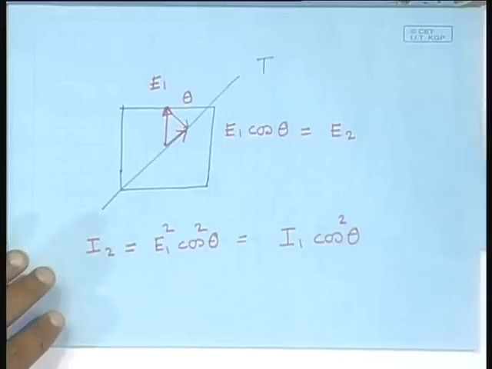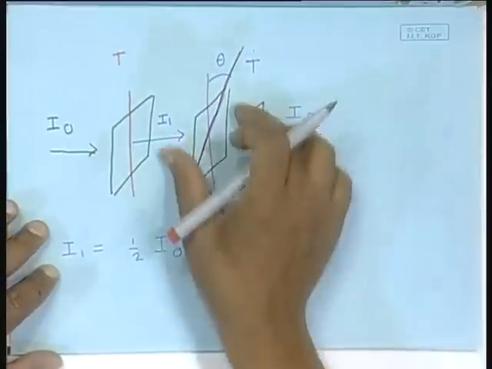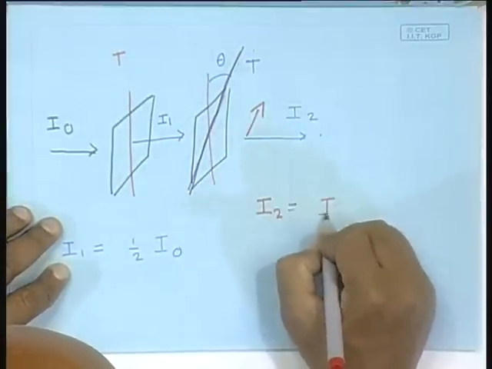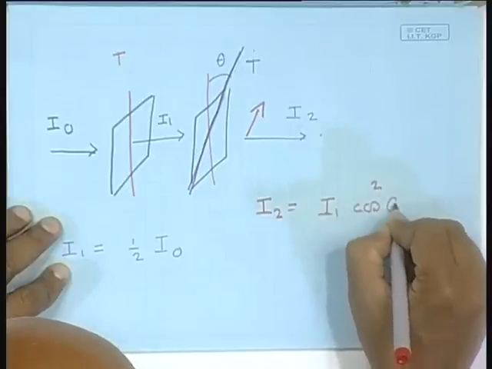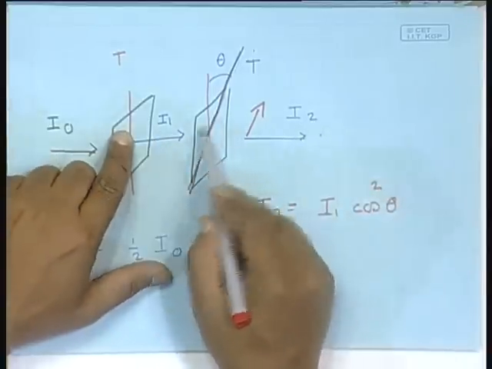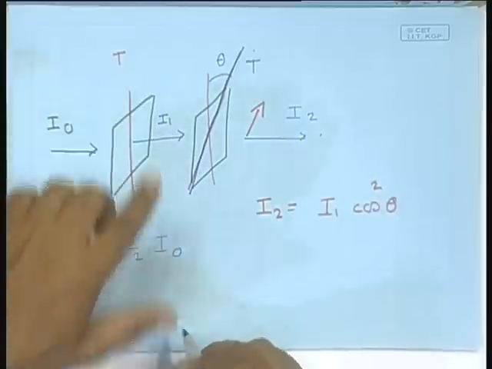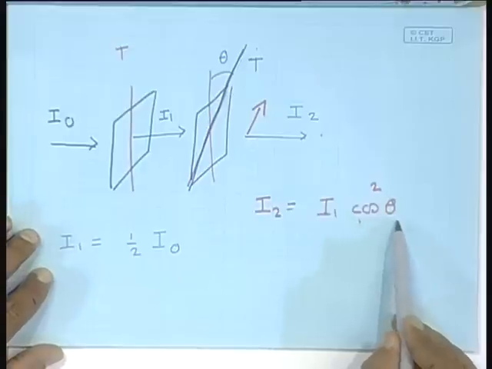You could ask the question, what happens if these two are mutually perpendicular? We have seen that I2 is I1 cos square theta. If the polarizer and the analyzer were mutually perpendicular, then the value of cos square theta is 0.